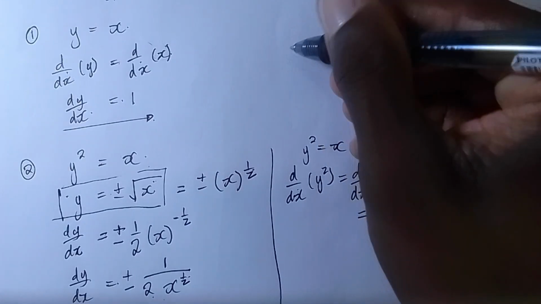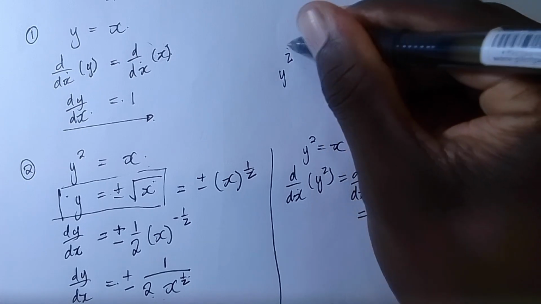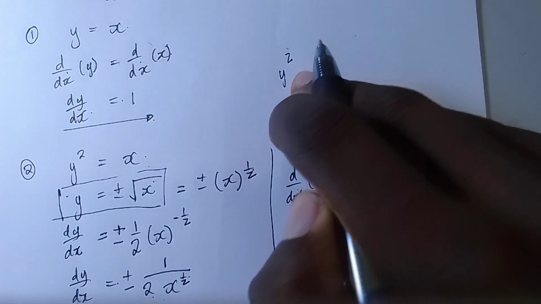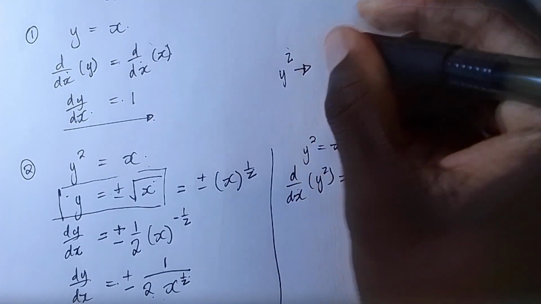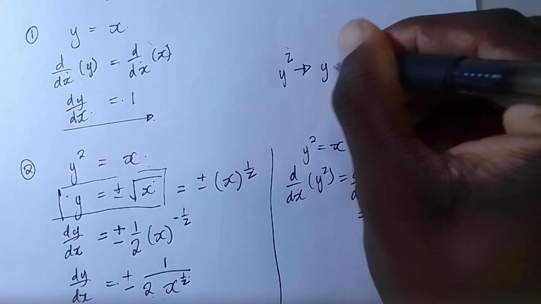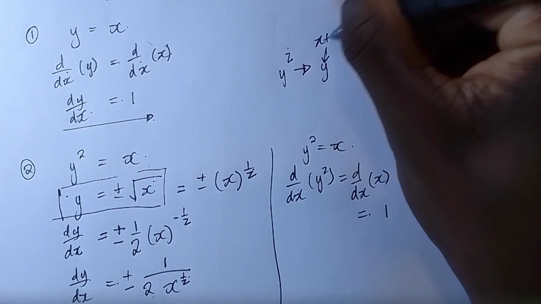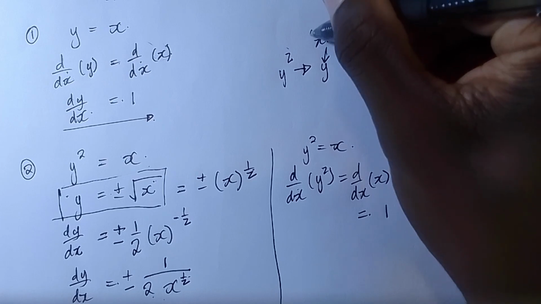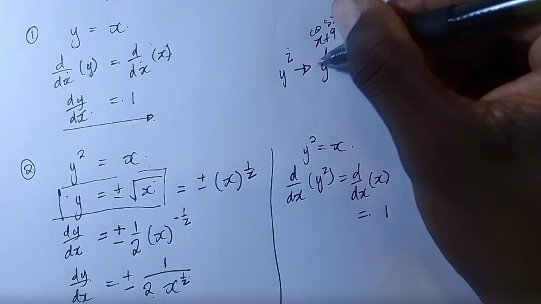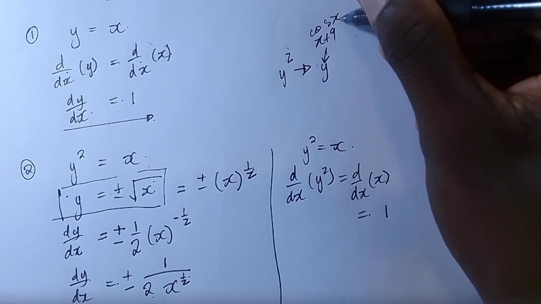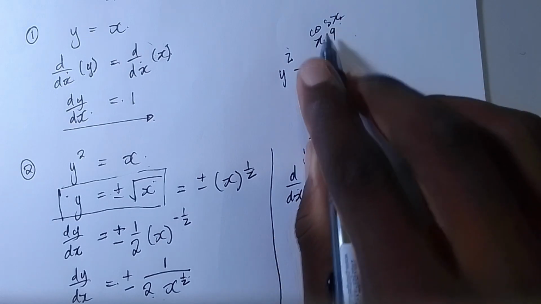The first function is y squared, which is saying something should be squared. And inside that function we have a function y, which we don't know. This function y could be x plus 9, this could be cos x, this could be anything. The y could be anything that changes when you change x. So y is not just a value, it's a function.